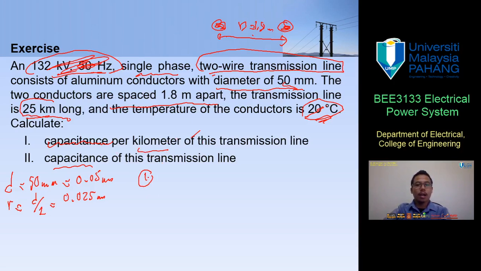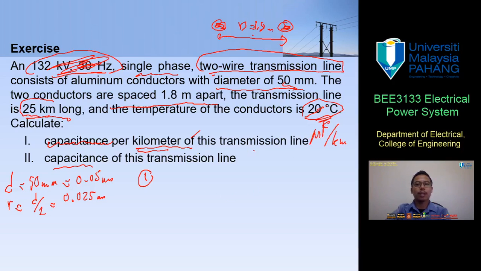The first question asks for capacitance per kilometer. The equation that I taught you in the previous slide is in farad per meter, but because they're asking per kilometer, it becomes microfarad per kilometer.